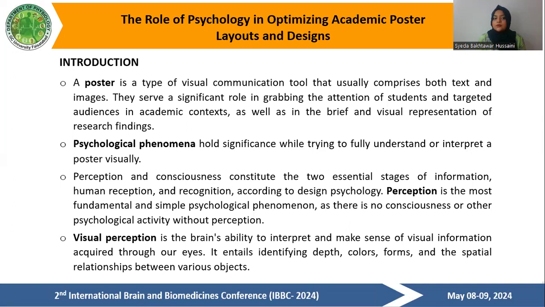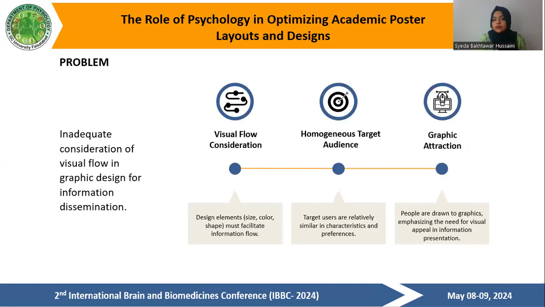So to understand a poster, which we all know is a visual communication tool, we have to understand visual perception, through which we understand the meaning or purpose of the poster. Visual perception is the brain's ability to interpret and make sense of the visual information acquired through our eyes. It entails identifying depth, color, form, and the spatial relationship between various objects. Ultimately, all these are the design elements we focused on in our poster.